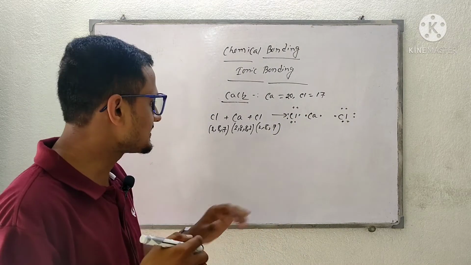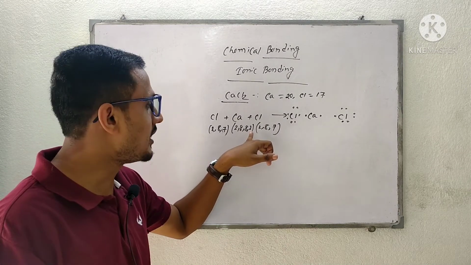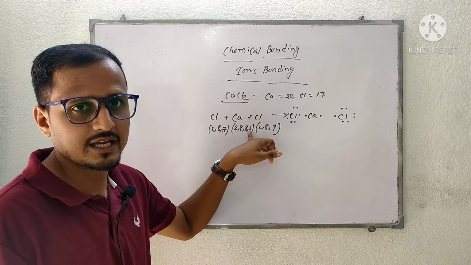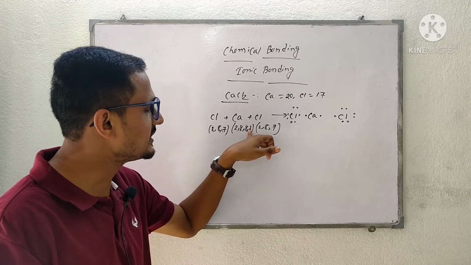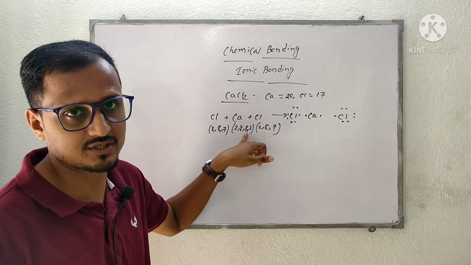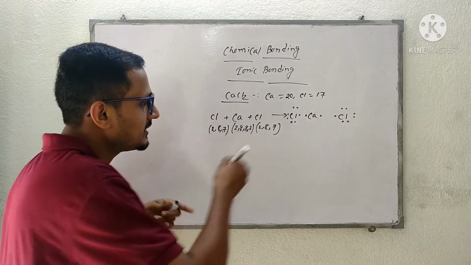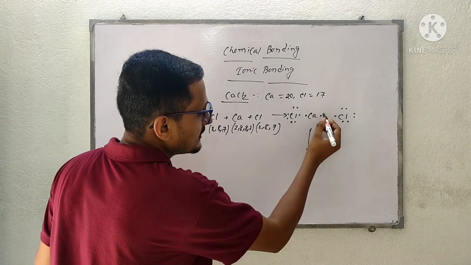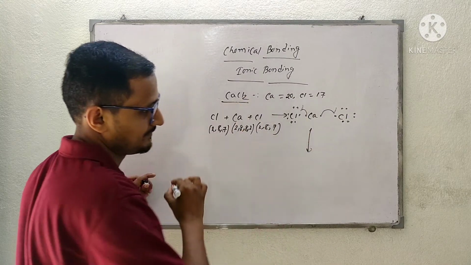Now as calcium has 2 extra electrons in its outermost shell, after releasing these 2 electrons it will get stability, because it will get the electronic configuration of 8 at the outermost shell. So calcium will transfer 1 electron to one chlorine and another electron to the other chlorine.